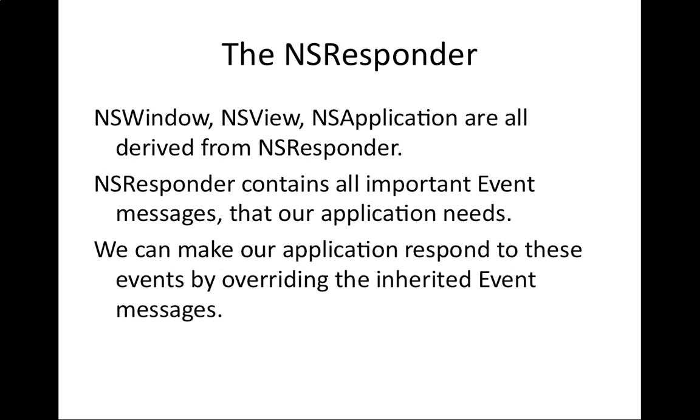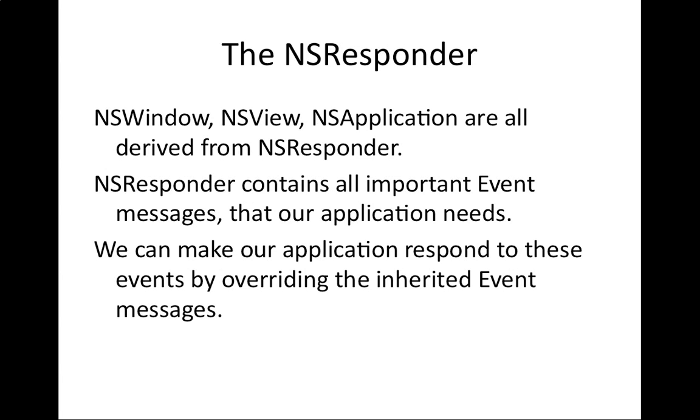NSWindow, NSView, and NSApplication are all derived from NSResponder. So this object contains all the important events and messages that your application needs. This is where the events are actually coming in. It's sort of automated in the iPhone environment. The NSResponder is back there, but we're not actually making any calls to it. We could, but with the normal GUI interface we're just working with it.